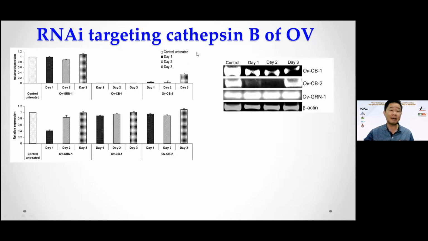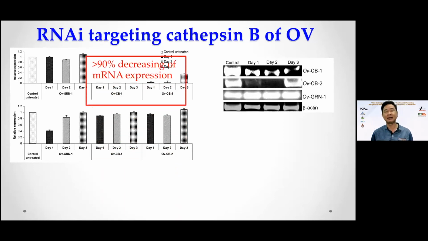We introduced the double-stranded RNA targeting cathepsin B into adult worms in vitro, and then checked the RNA expression by real-time PCR. That was amazing, because RNA interference decreased the mRNA expression of cathepsin B by more than 90% one day after electroporation.